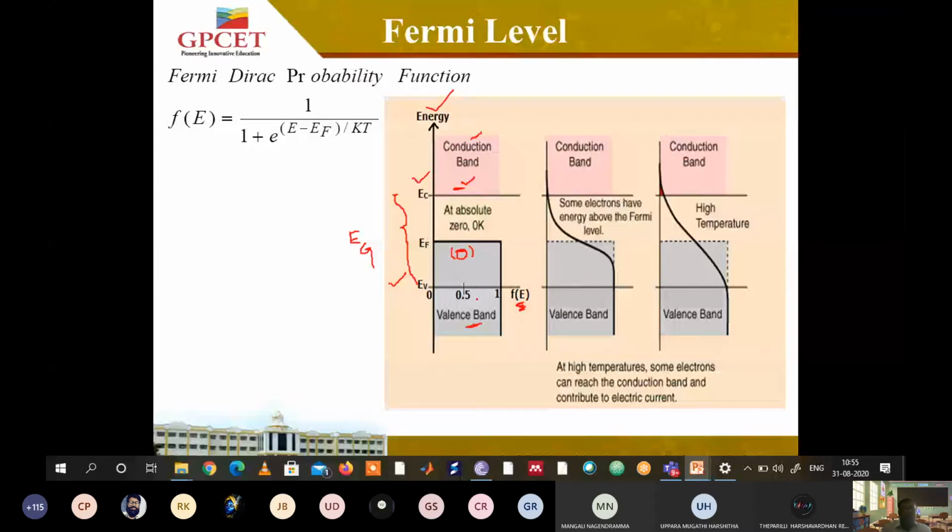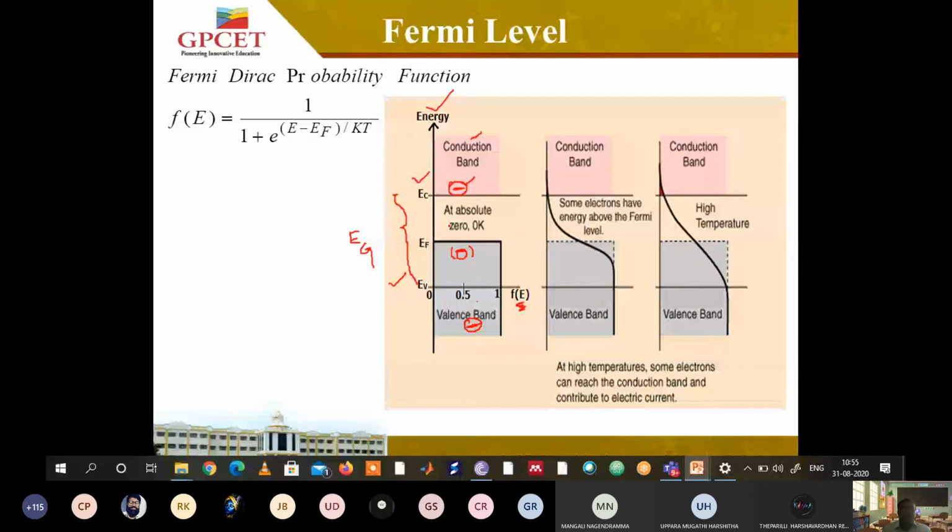The electron has to jump from here to there. So now, in between, these electrons will occupy 50% of the level while they are jumping from valence band to conduction band.